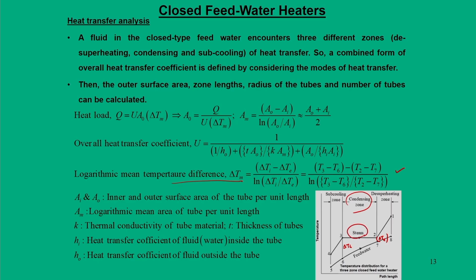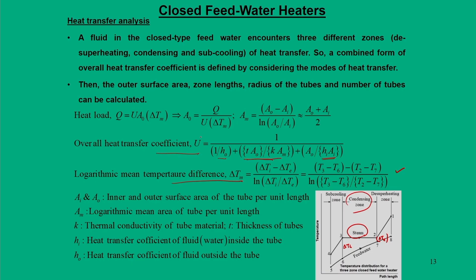This is one aspect. The second aspect is how to consider the overall heat transfer coefficient. This overall heat transfer coefficient takes care of the convective heat transfer coefficient at the outer surface, the convective heat transfer coefficient at the inner surface, and then considers the thermal conduction within the thickness of the tube.